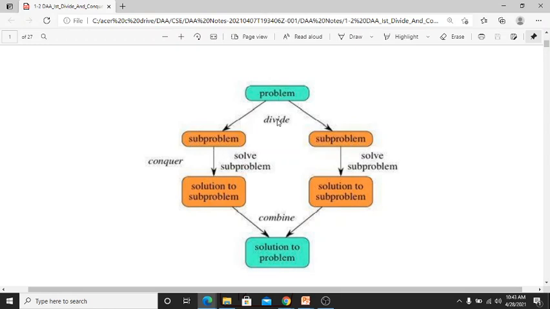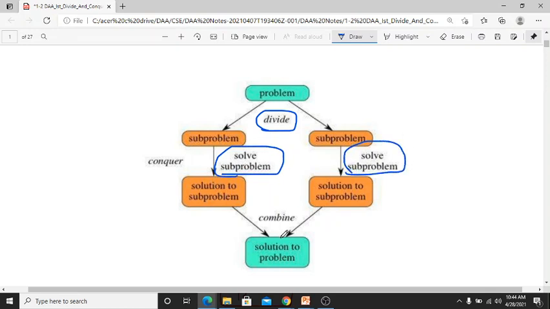Problem is dividing, first step. Second one is solve sub problem, conquer. And the third one is combine. So these three things are there: divide, solve, and combine.